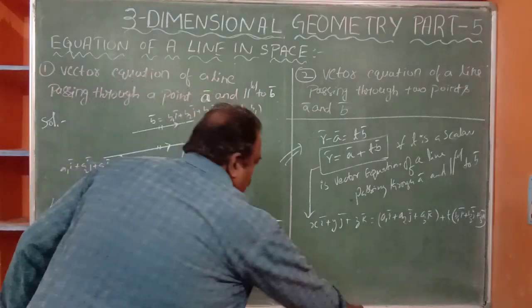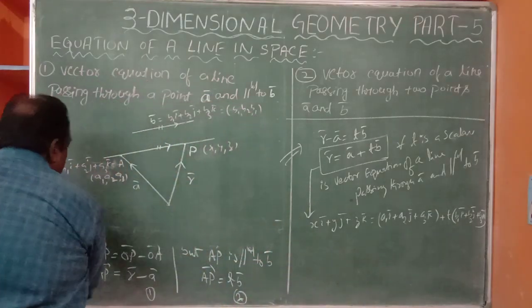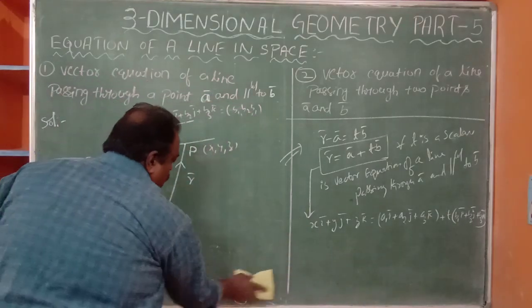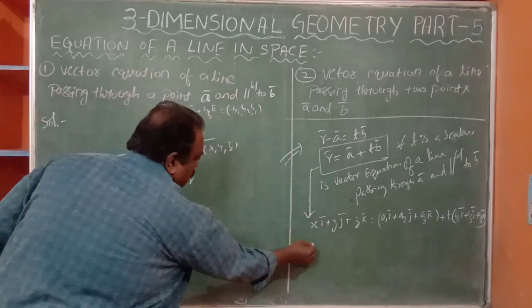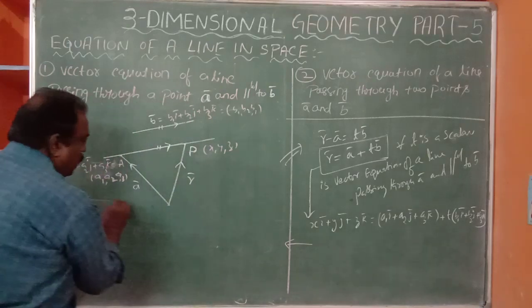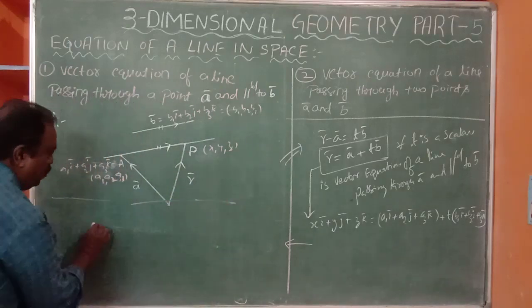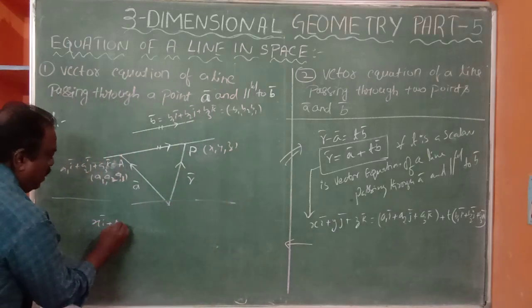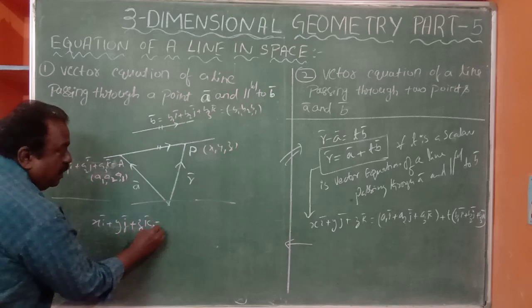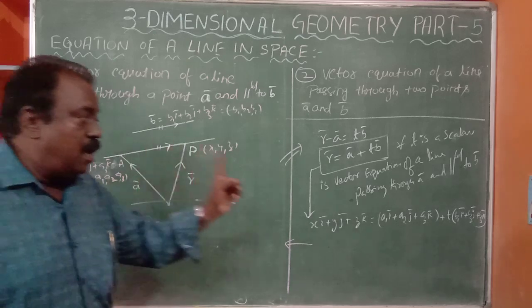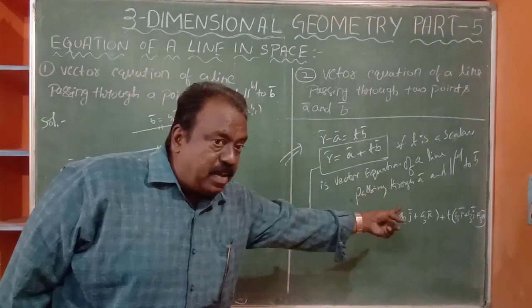You see, this is xi plus yj plus zk is equal to A1i plus t B1 is there.